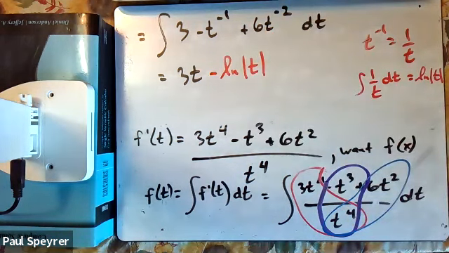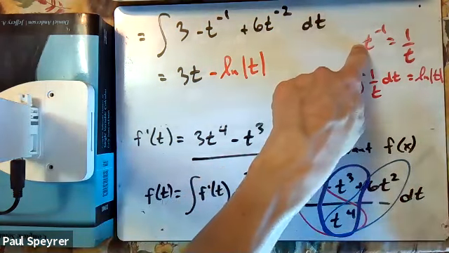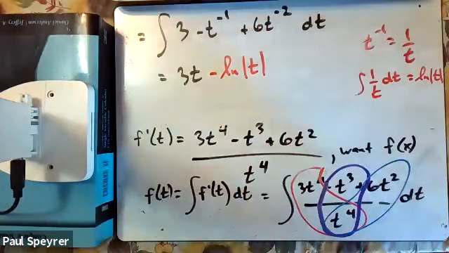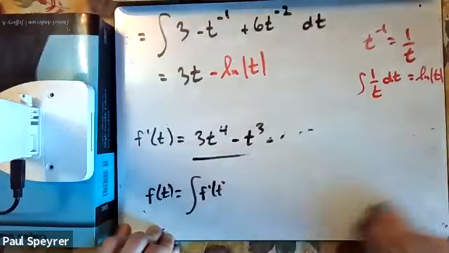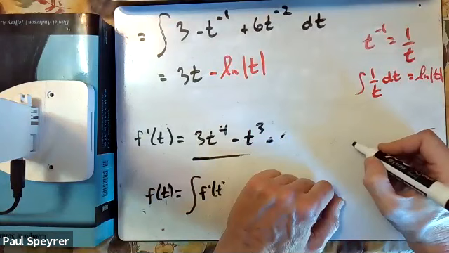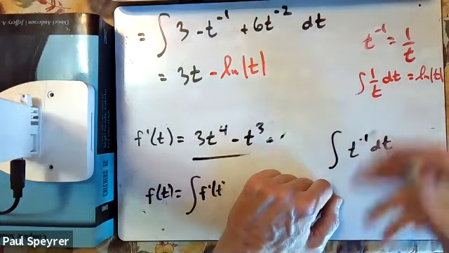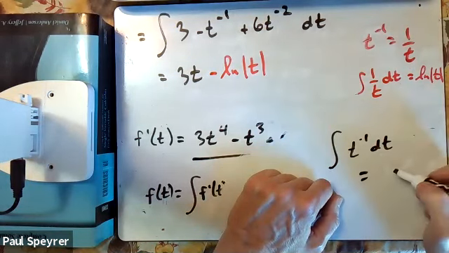You may be asking, well, why can't we do the power rule on that, like what we've been doing? Because what happens if we did? Like you have t to the negative 1, and you just try to integrate it using the power rule for antiderivatives. What does that say?